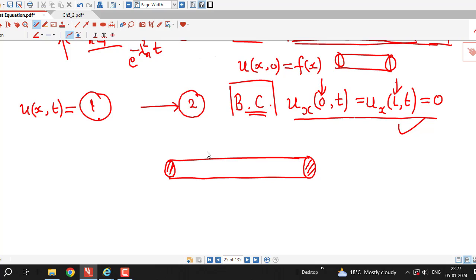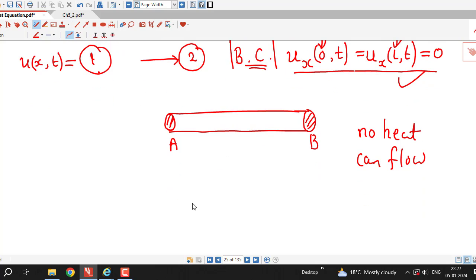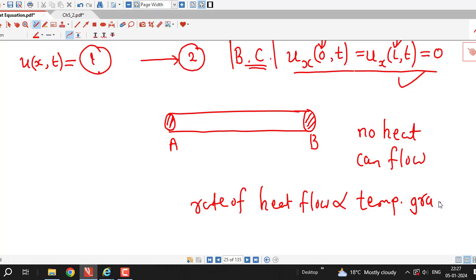So ends are insulated, that means no heat can flow through the ends. There is no heat flow through both the ends of the bar, and physical experiments show that the rate of heat flow is proportional to the gradient of the temperature.